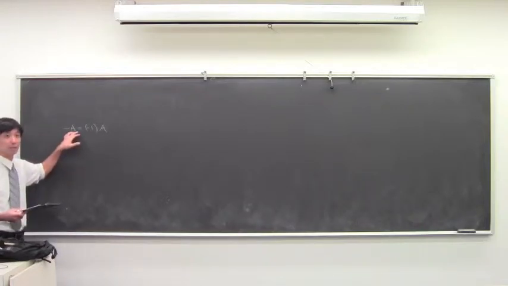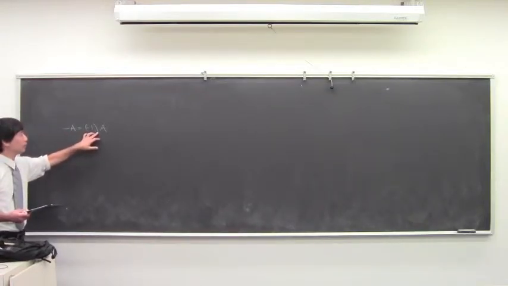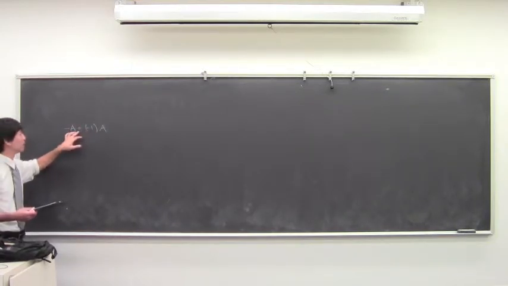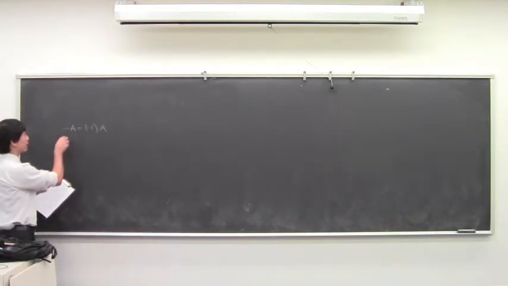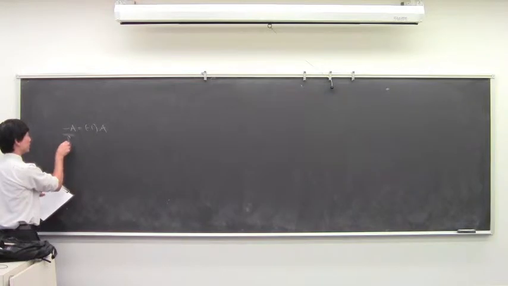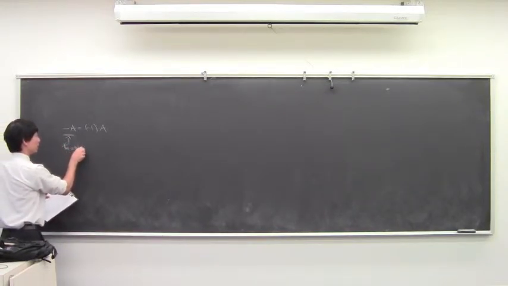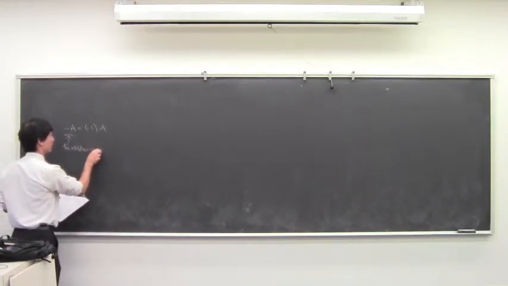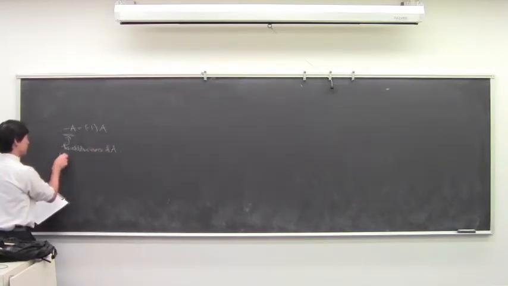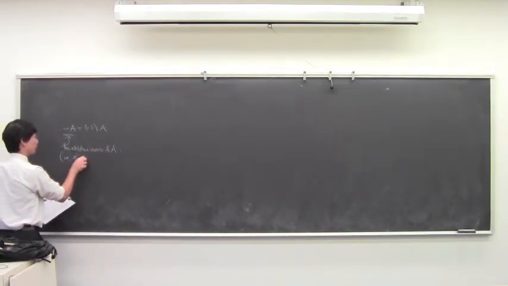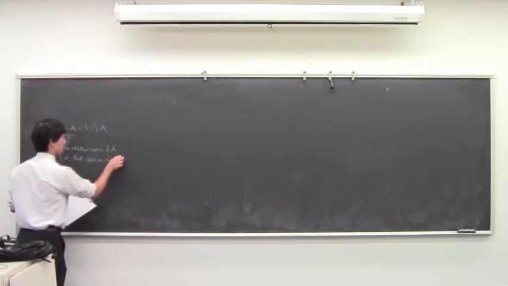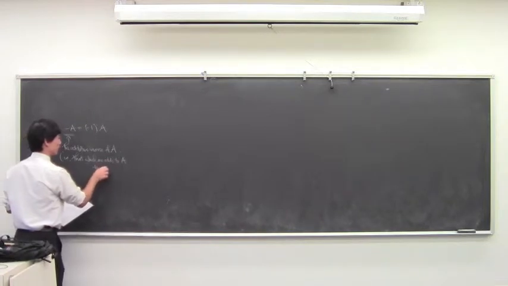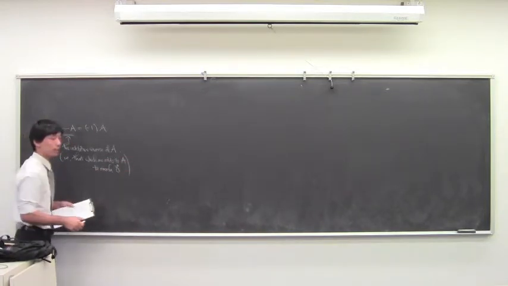I actually wanted to say something about this because it may look like a completely obvious statement. It's close to a completely obvious statement, but it's not the same thing. The left and right are not the same, right? The thing on the left is the additive inverse of A. That is that which one adds to A to reach the additive identity.